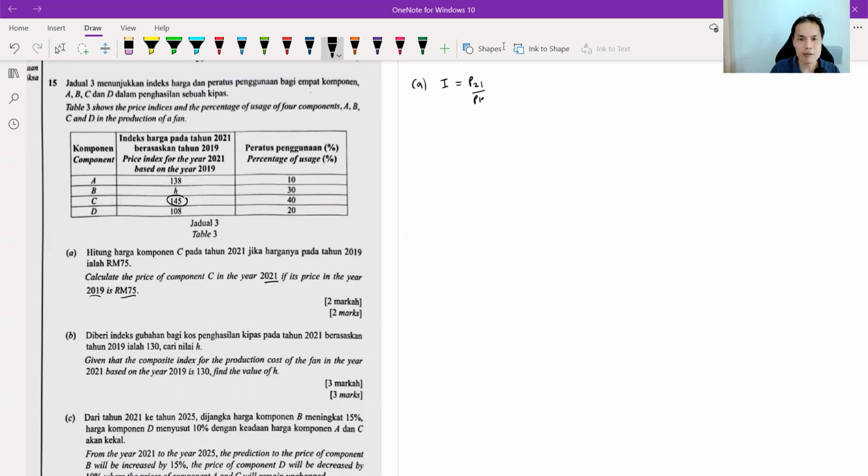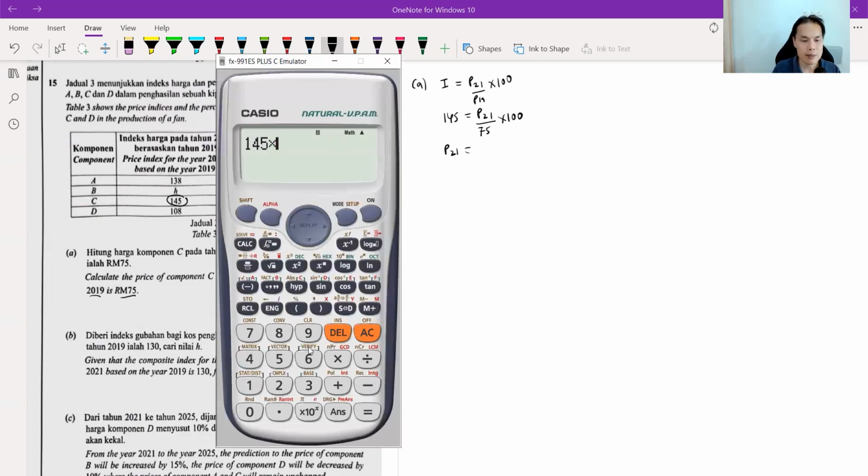The price in the current year, 2021, I don't know. Price in the base year is 75 ringgit. You multiply by 100. Okay, very simple. Just multiply this over. So I'm going to use 145 times 75 divided by 100. So my price is RM108.75.